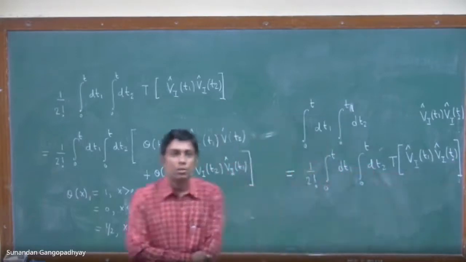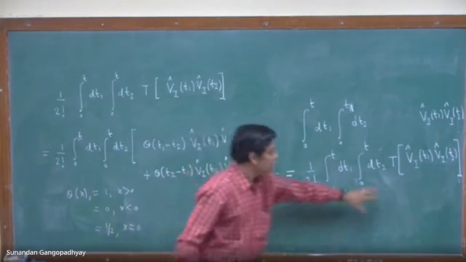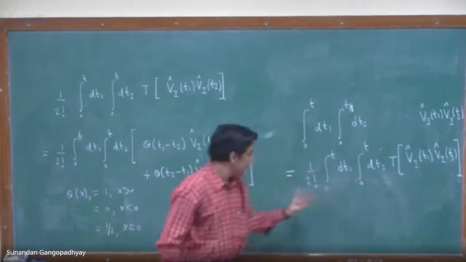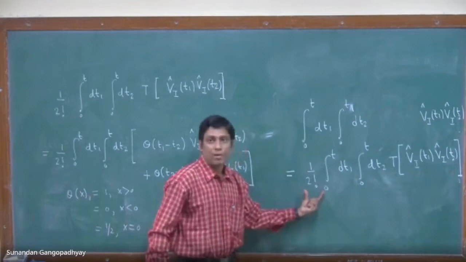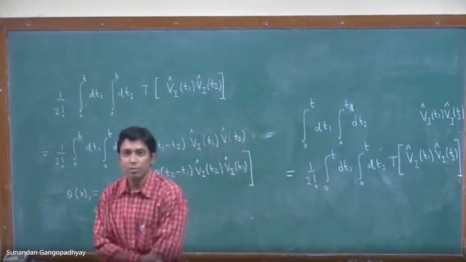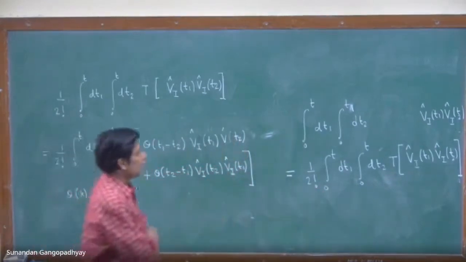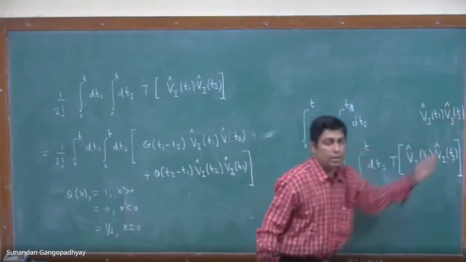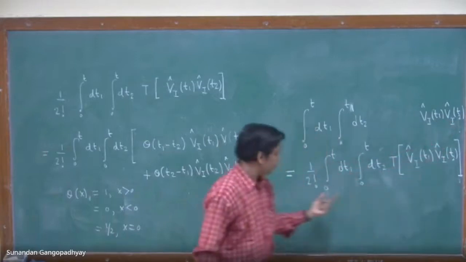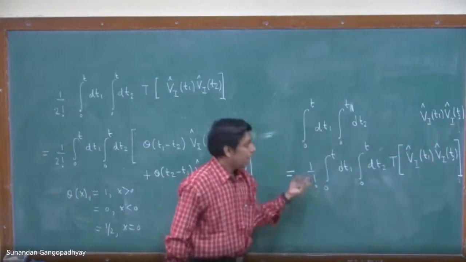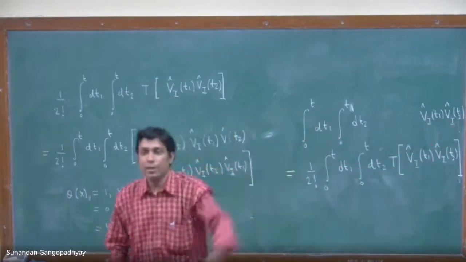So we have converted this at the cost of a time ordering operator and a factorial factor. If it is the product of two operators, you put a factorial 2. If it is the product of three operators, you put a factorial of 3. And if it's the product of n operators, you put a factorial of n.